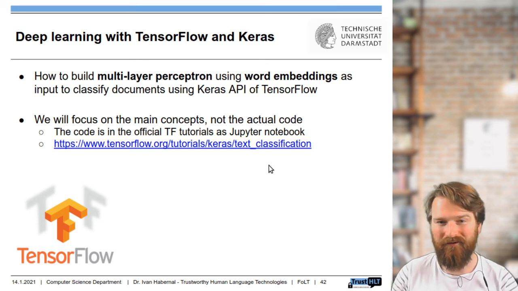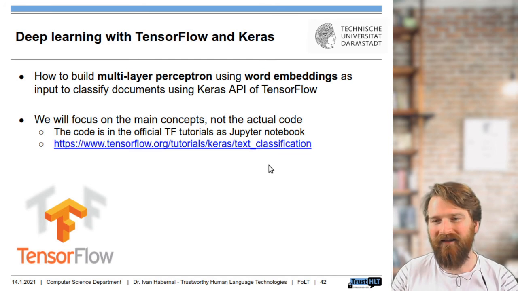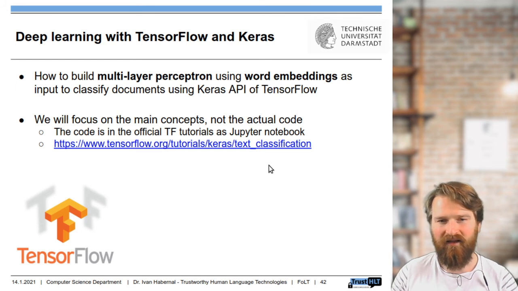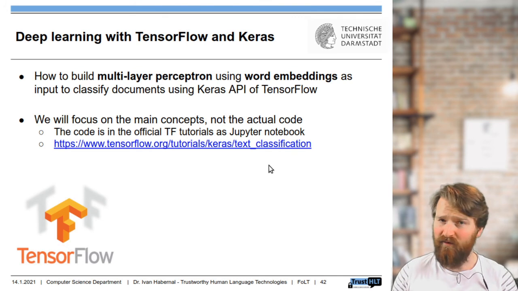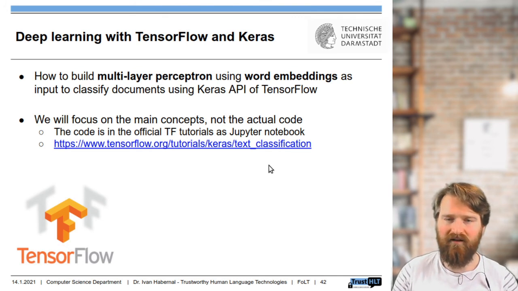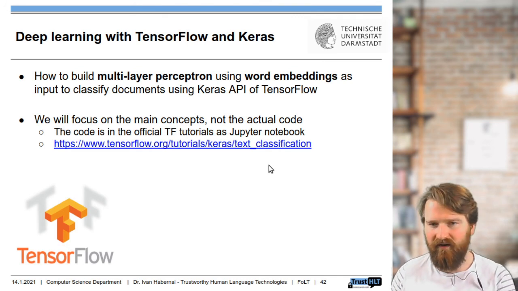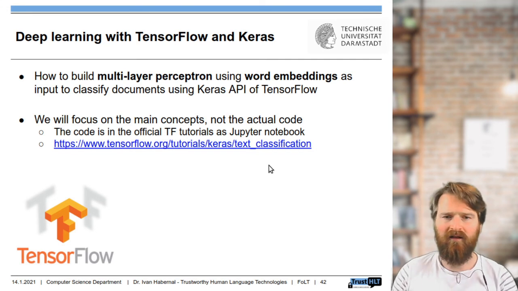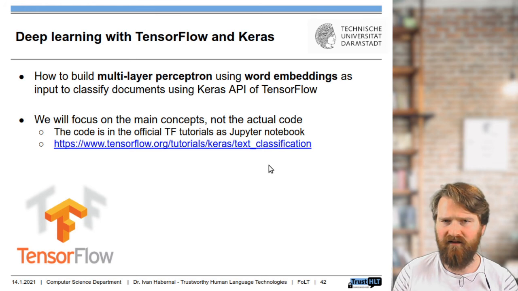So let's move on to something with deep learning and NLP for text classification. The task, I guess, is to build a multi-layer perceptron, which is some sort of neural network, using word embeddings, which is also some representation, and classify documents using the Keras API.